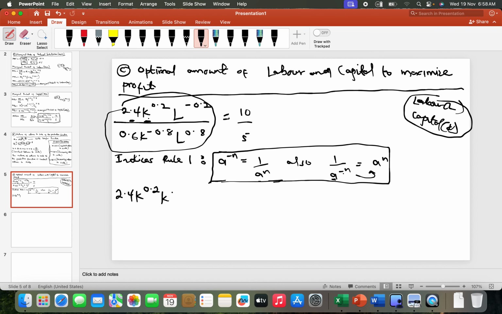So I have K exponent 0.8. It means that there's no more K here, so I'm left with 0.6. The variable left here is L exponent 0.8. I'll check if I can find any L somewhere. I have another L on top, but it is exponent negative 0.2. If I have a variable exponent negative n and I'm bringing it downwards like this, it becomes positive. So I have L exponent 0.2, which is equal to 10 over 5. This is the first indices rule.